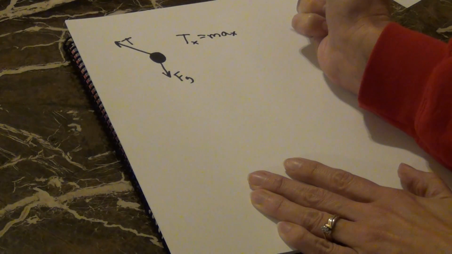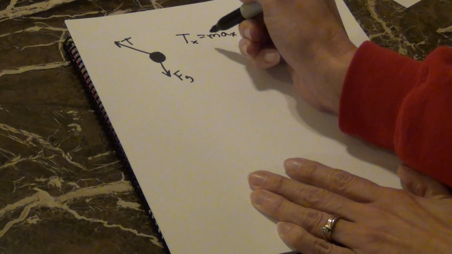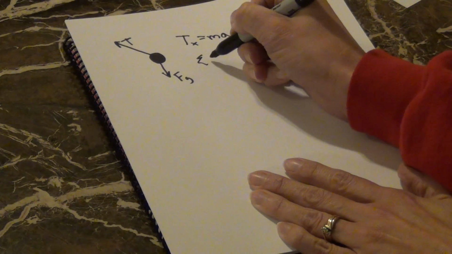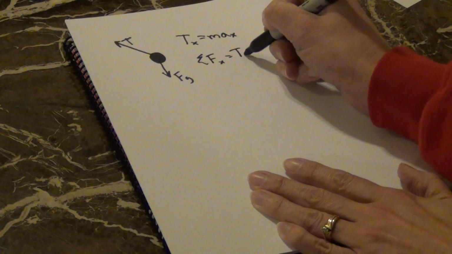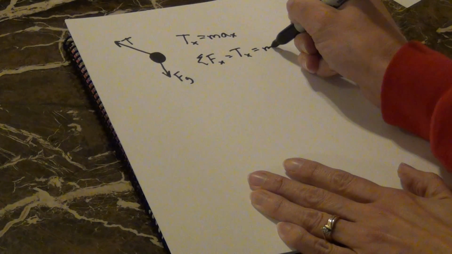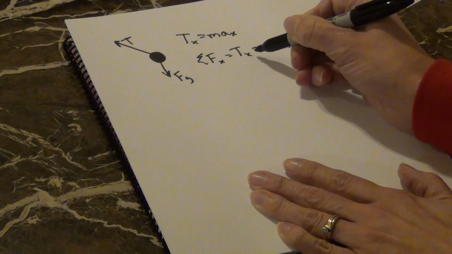And the acceleration in the x direction is our centripetal acceleration. So if we look at the sum of forces in the x direction, we have tension in the x direction equals max. So tensional force is also our centripetal force.